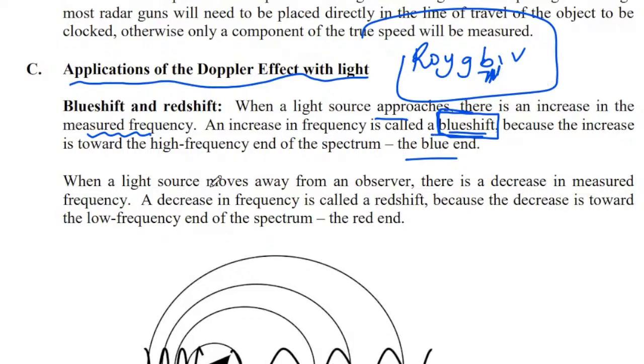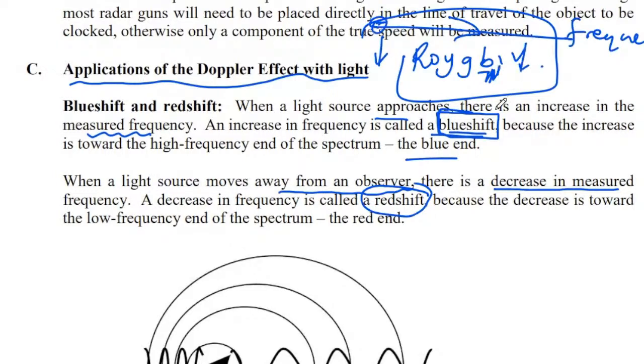And then when the light source moves away from an observer, there's a decrease in the frequency. So a decrease in the frequency is what we call a redshift, because the frequency increases to the right. On your left, the frequency is smaller compared to what you have on the right-hand side.